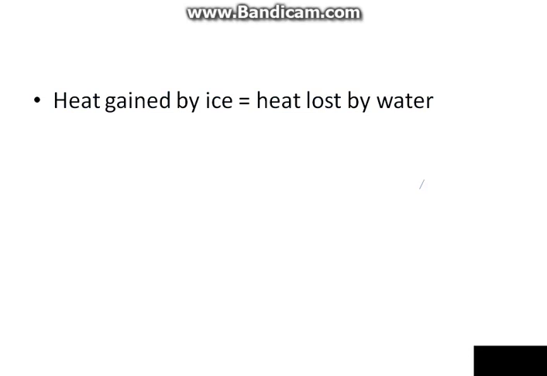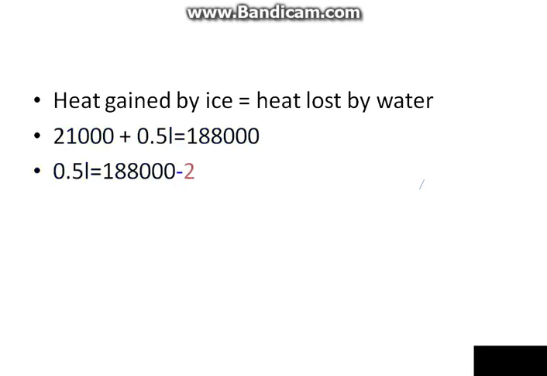Heat gained by ice is equals to heat lost by water. 21,000 plus 0.5 L is equals to 188,000. 0.5 L is equals to 188,000 minus 21,000, which gives us 16,700.